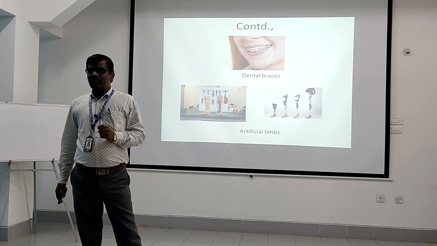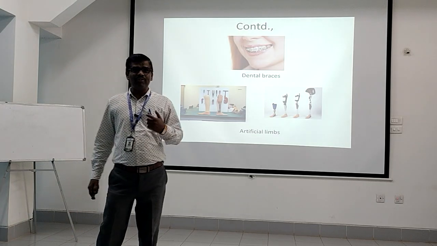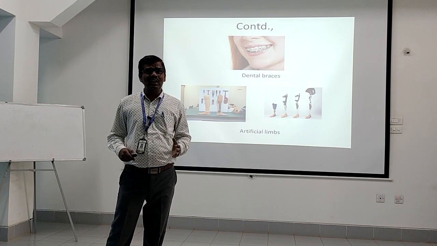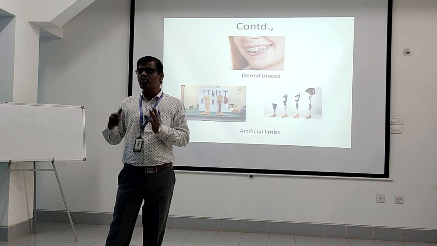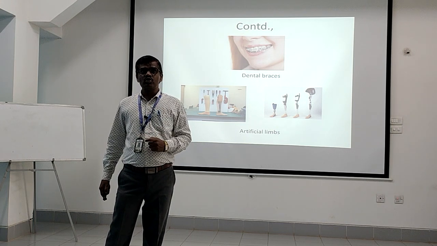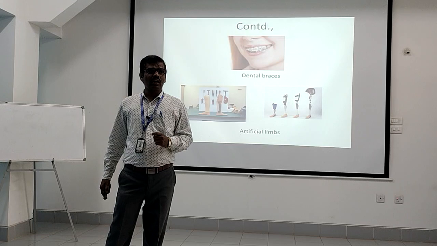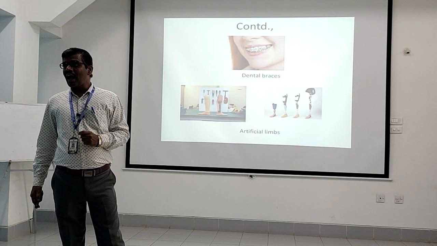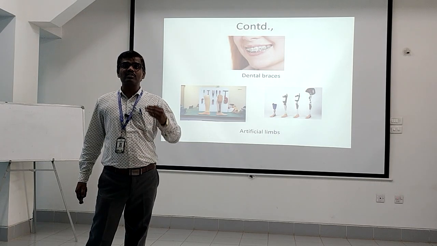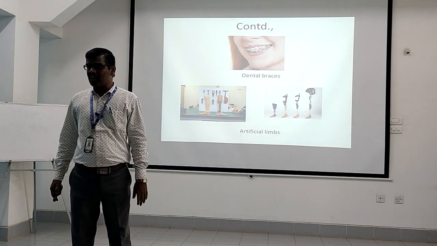To create a lifelike appearance, that is nothing but how the actual limb looks, we have to use acrylic resins and leather material to give the actual appearance of the limb to the artificial limb.